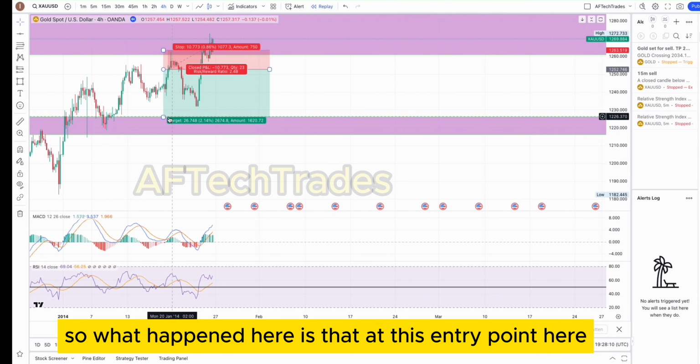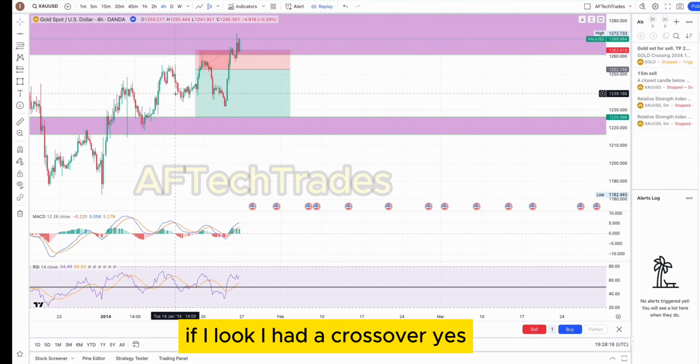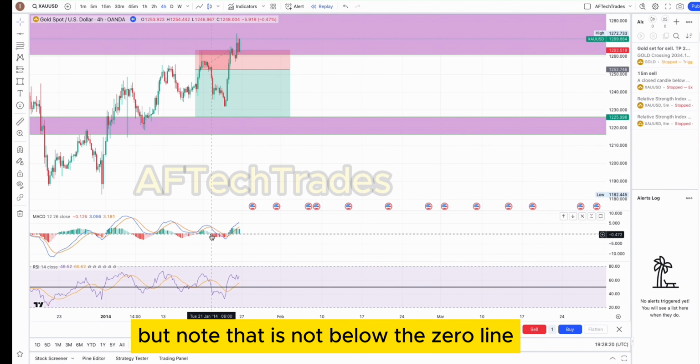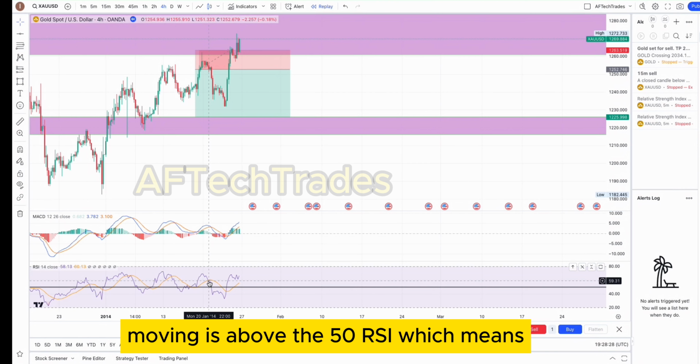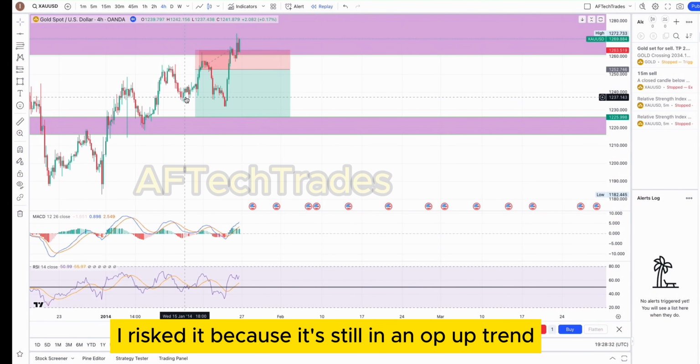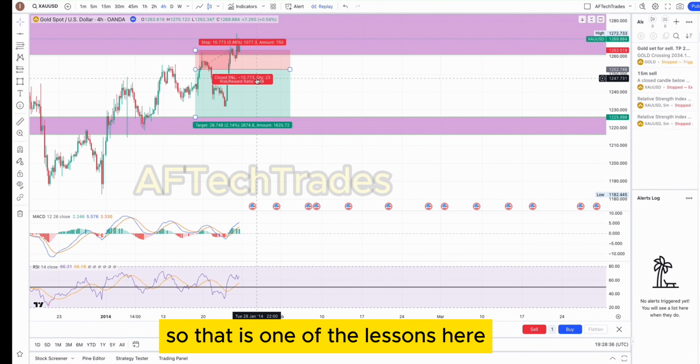So what happened here is that at this entry point, I had the crossover, yes, but note that it's not below the 0 line, and at the same time it is also above the 50 RSI, which means I risked it because it's still in an uptrend. So that is one of the lessons here.